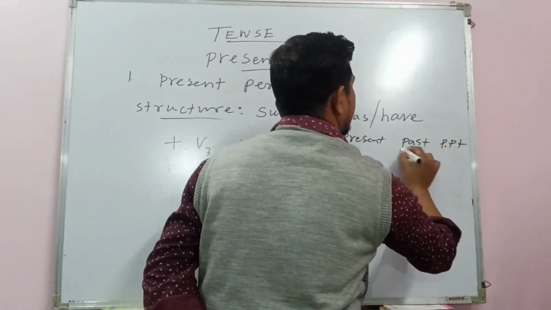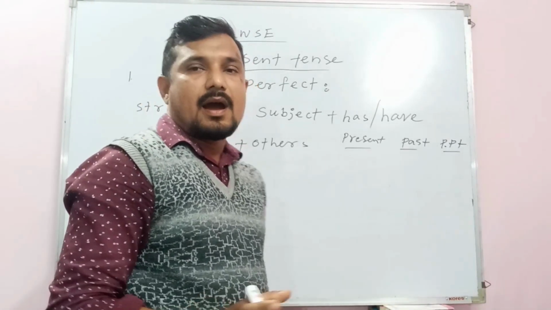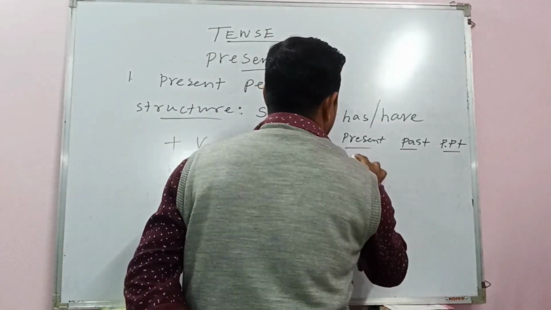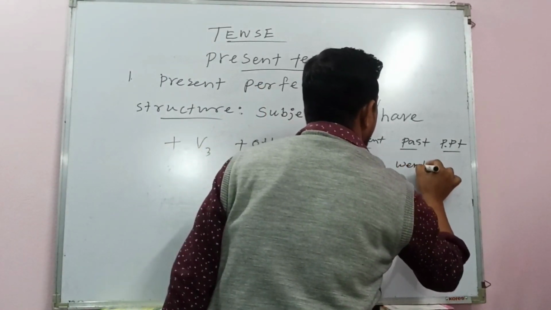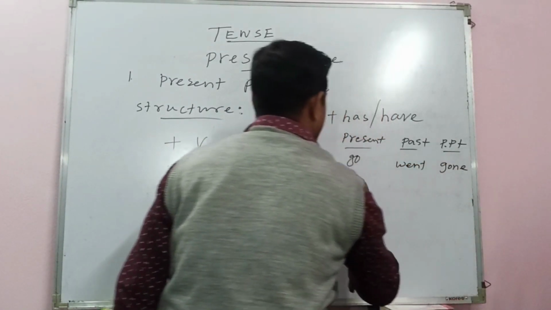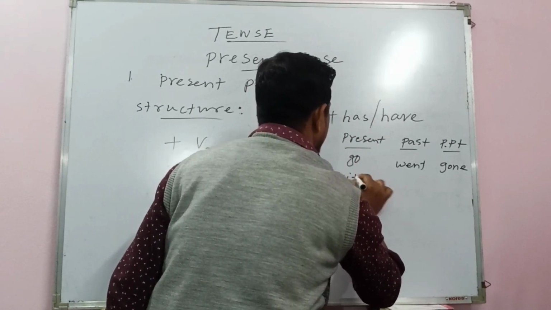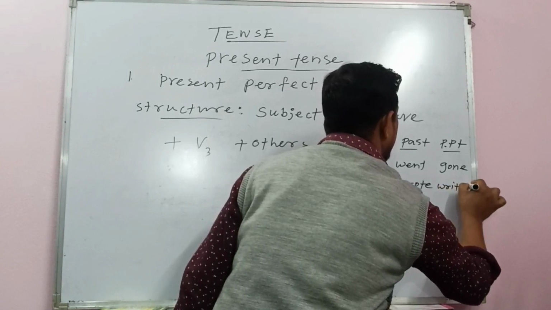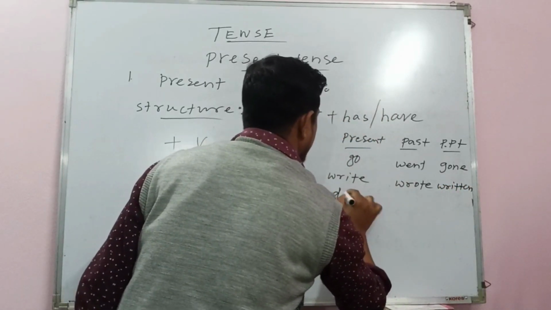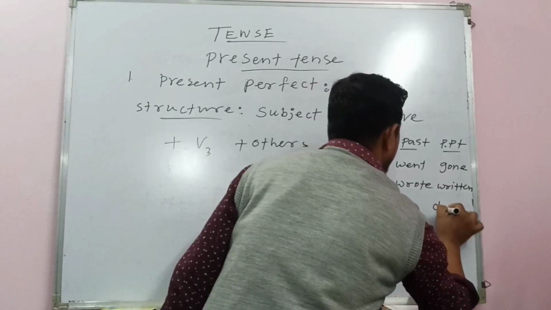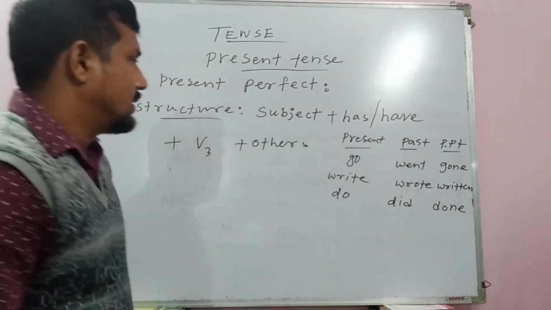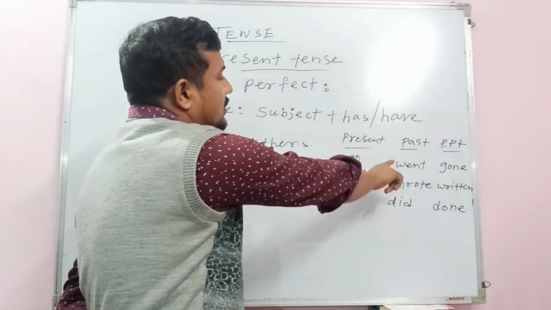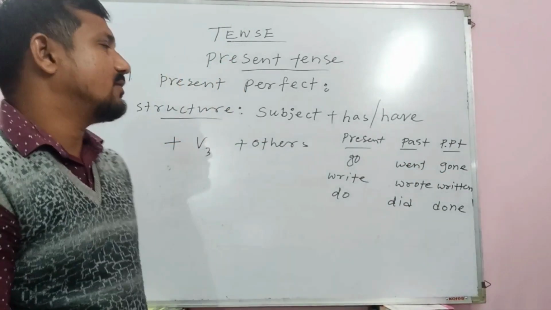Present, past, past participle. I am citing some verbs with three different forms. At first I wrote go, past form went, past participle form gone.